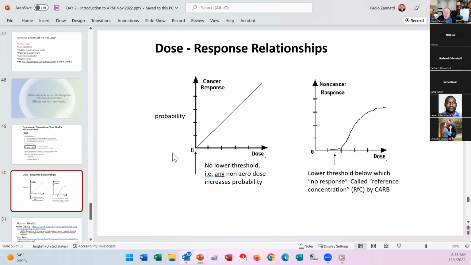There is good software that can help you with this, especially in California. I think California is ahead of the federal government, I believe, in providing good software for health effects.